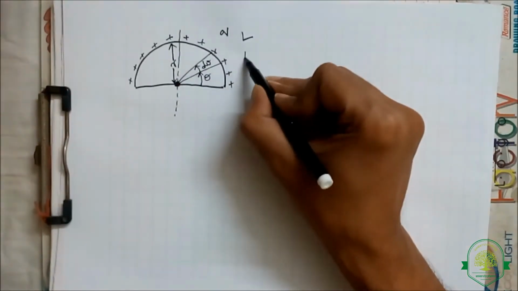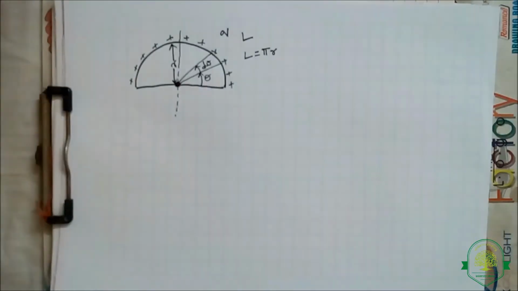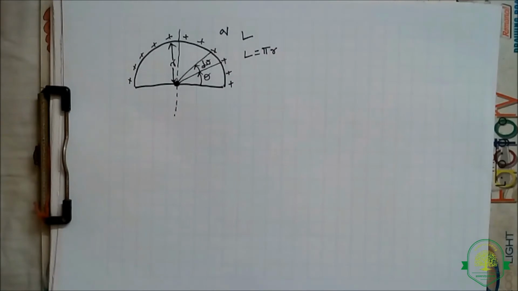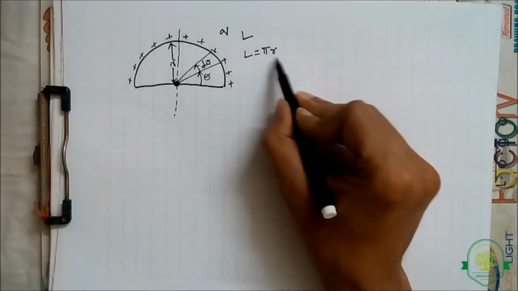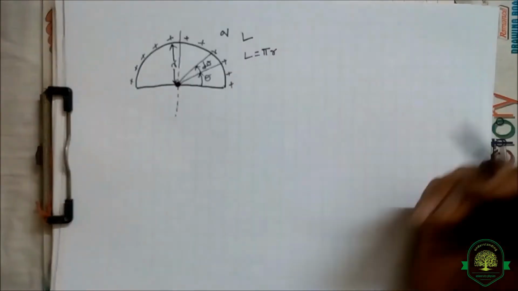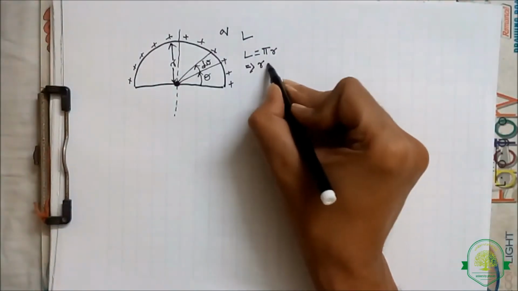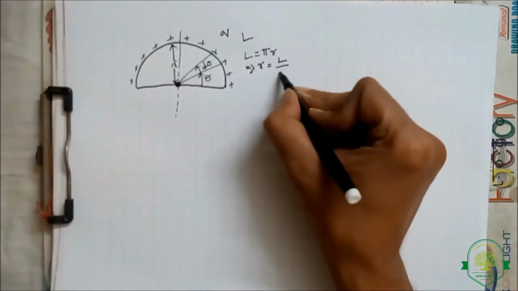then we can say that L equals pi r, where pi r is the length of a semicircle, or the circumference of a semicircle. Then from there we can say that the radius is L over pi.